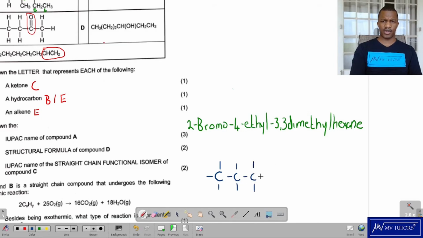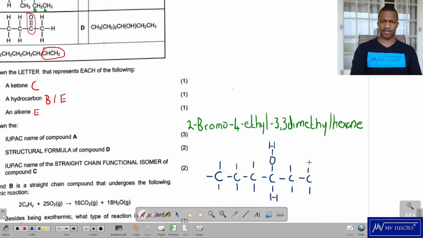There we go. And then we've got a CH. Okay, so we've got a C and a H, but then we have an OH. So remember, an O is doubly bonded, so those are the 2 bonds. So that's an OH, and then we've got a CH2 again, like that, and then CH3.